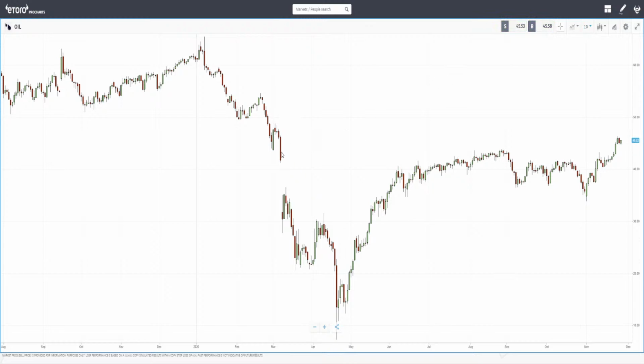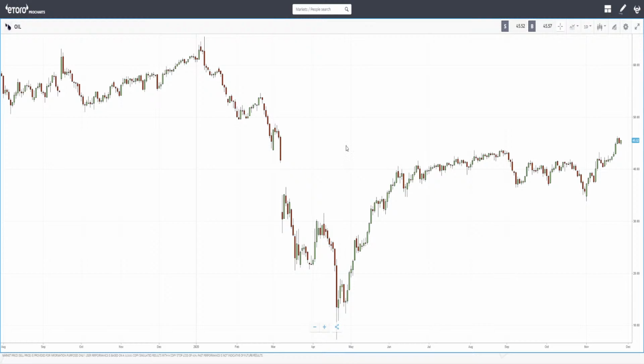All of these candlesticks represent the price action of a given day. Red candlesticks represent that the price is lower this day than the previous day, while a green candlestick represents an increase in the price compared to the previous day. So you have green and red.